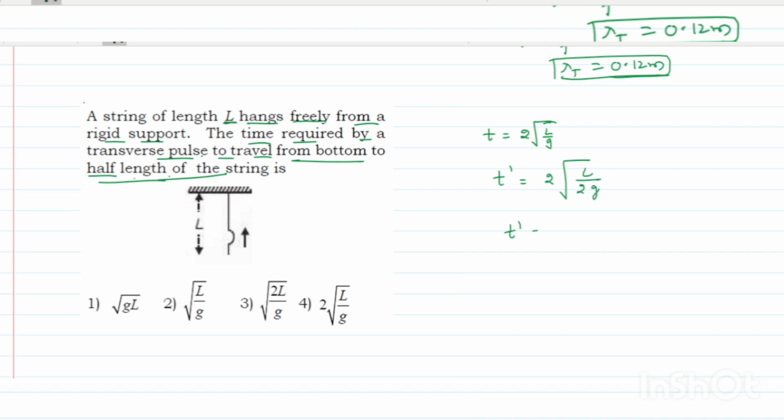So T dash equals 2 into, and you just take the 2 inside the root, so 2 twos are 4, we will be getting 4 into L by 2g. Therefore T dash equals square root of 2L by g. So this, root of 2L by g, is the correct answer.